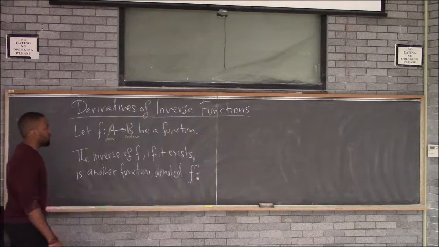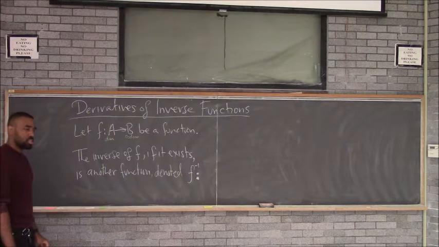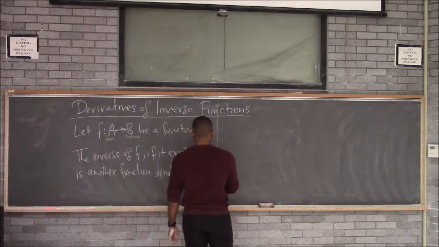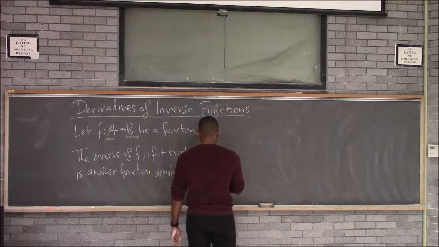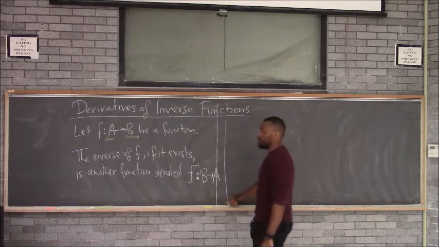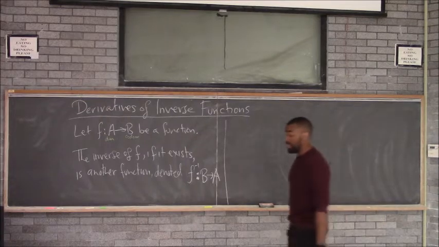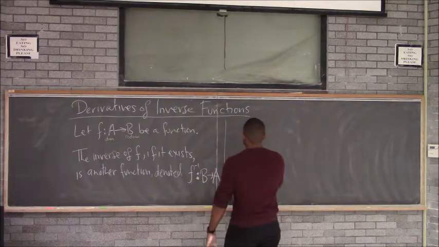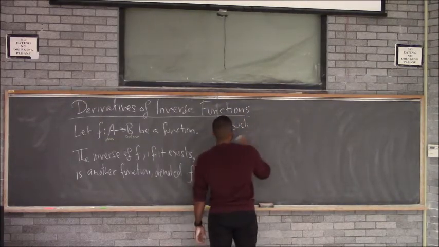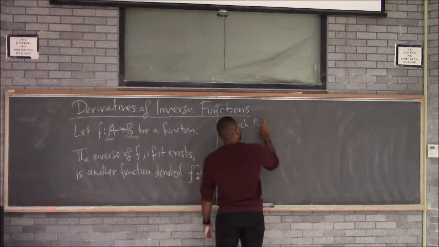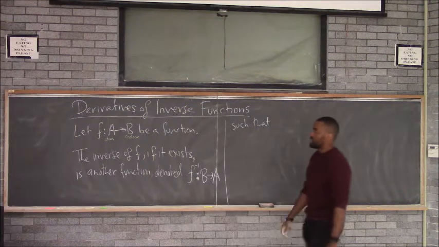Now, what is the domain and range of f inverse? Right. It will have domain B and codomain A. So this is a function that goes backwards, at least in relation to f, such that... how do you know a random function that goes from B to A is an inverse or not?